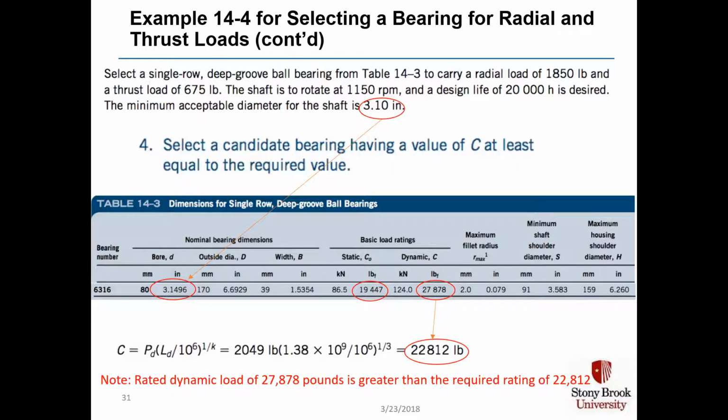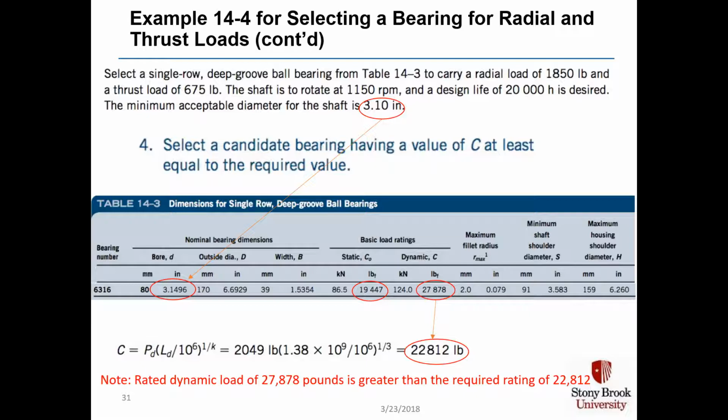Now let's move on to step 4. We select a candidate bearing from table 14-3 having a value of the dynamic load rating C at least equal to the required value. And we can do that because C was equal to 22,812 pounds.